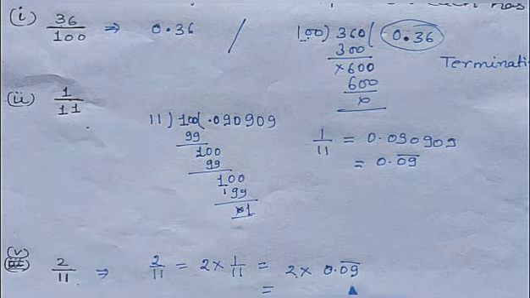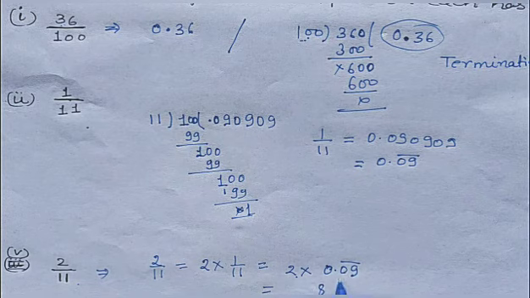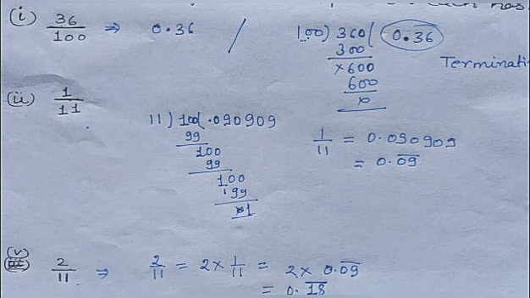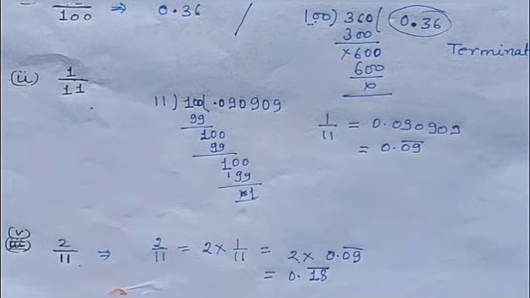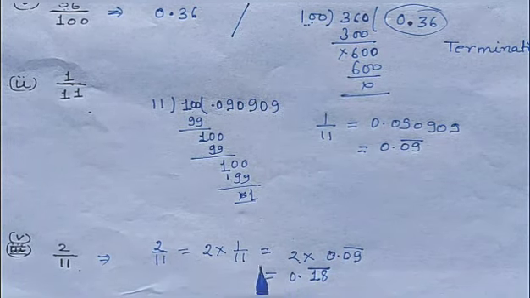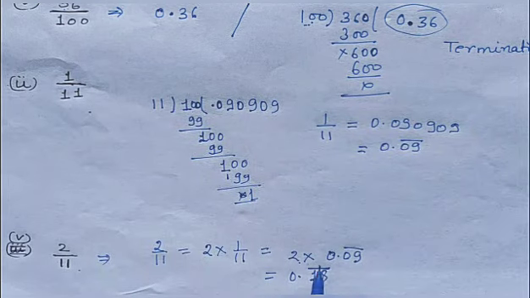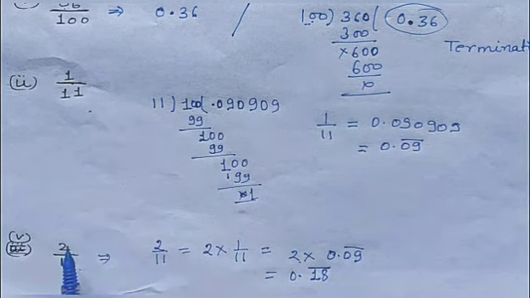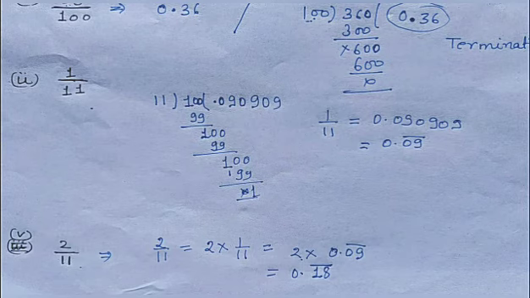2 into 0.09 is 0.18, so it will be 0.18, again repeating. You only have to multiply by 2. The value of 1 upon 11, if we multiply it by 2, we simply get the value of 2 upon 11.